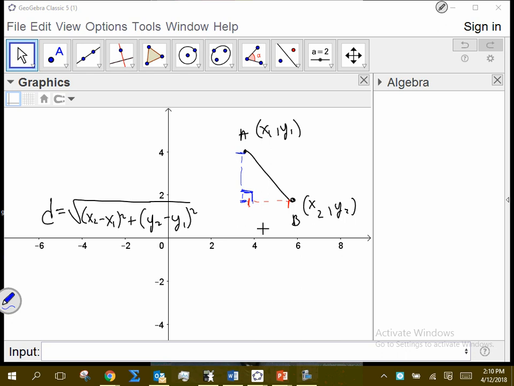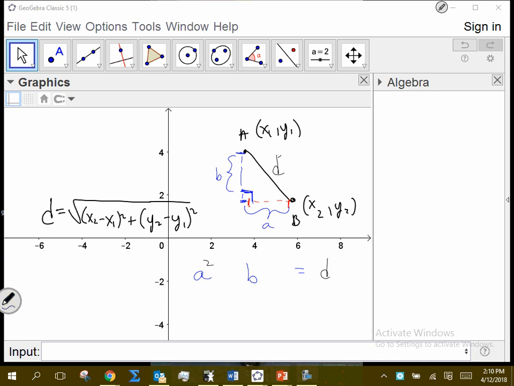What kind of triangle is that? Right, a right triangle. So I'm going to know that distance. Let's say I call that distance A instead of x2 minus x1. Let's say I call this distance B instead of y2 minus y1. What could you say about A and B and how that relates to this distance out here, D?